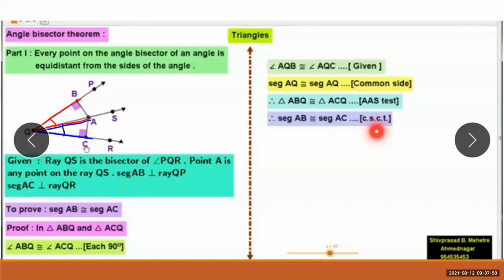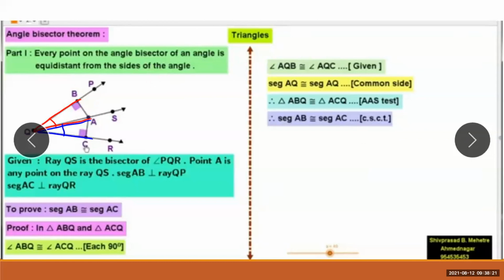Okay. And as the sides are congruent to each other, that means point A is equidistant. Any point, every point is at equidistant, okay, from the sides of the angle.